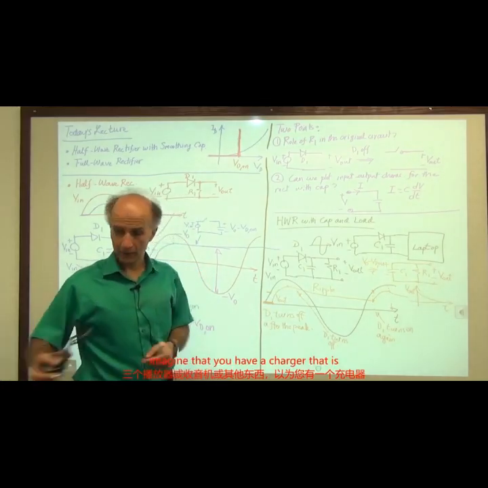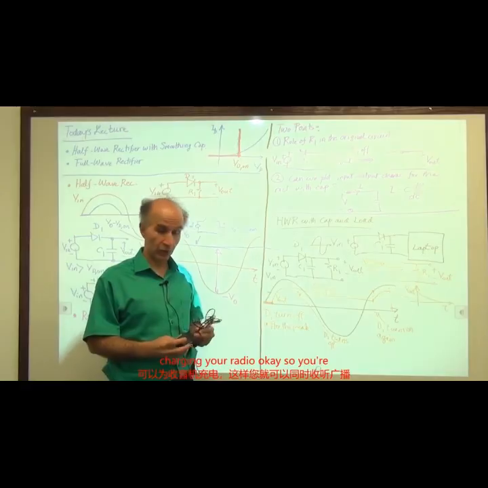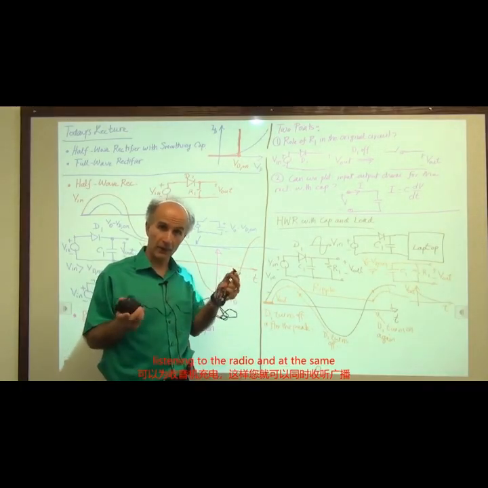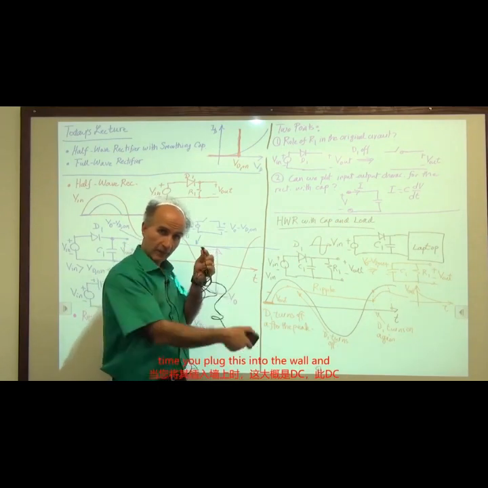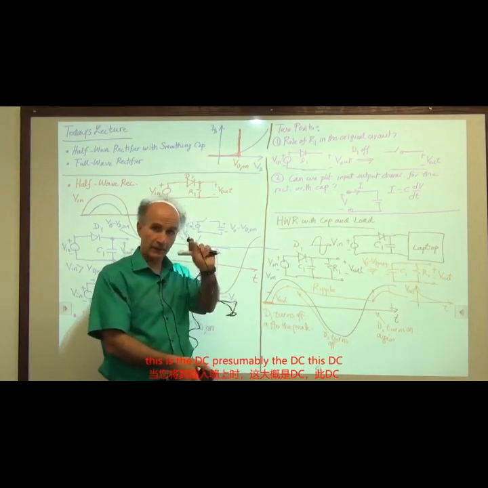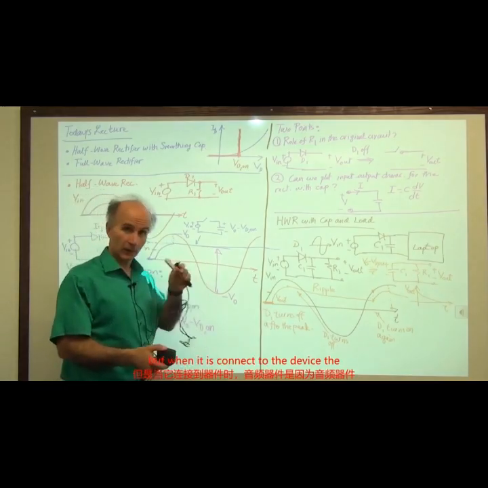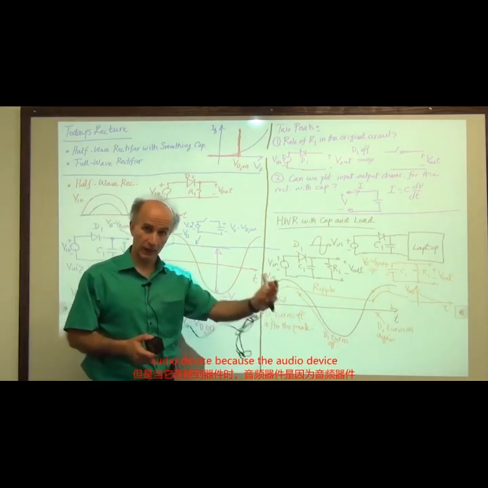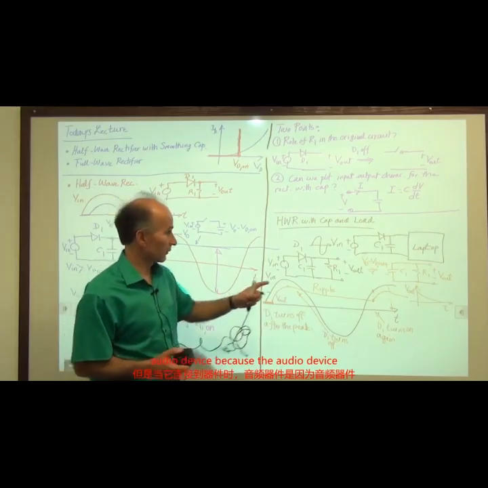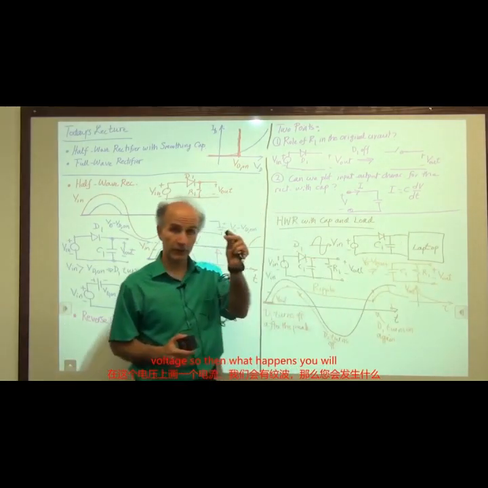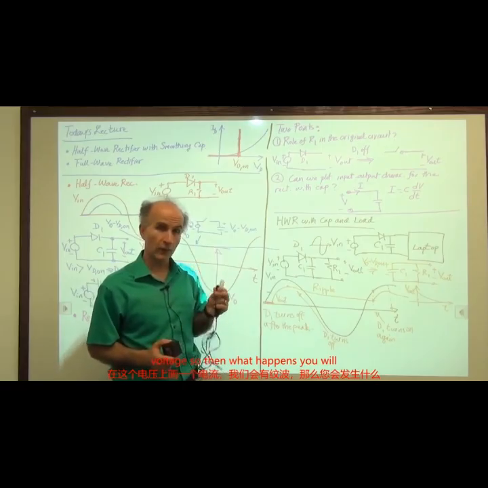So imagine that you have a charger that is charging a radio. So you're listening to the radio, and at the same time you have plugged this into the wall, and this is the DC, presumably the DC. But when it connects to the audio device, because the audio device draws a current, we have ripple on this voltage. So then what happens?